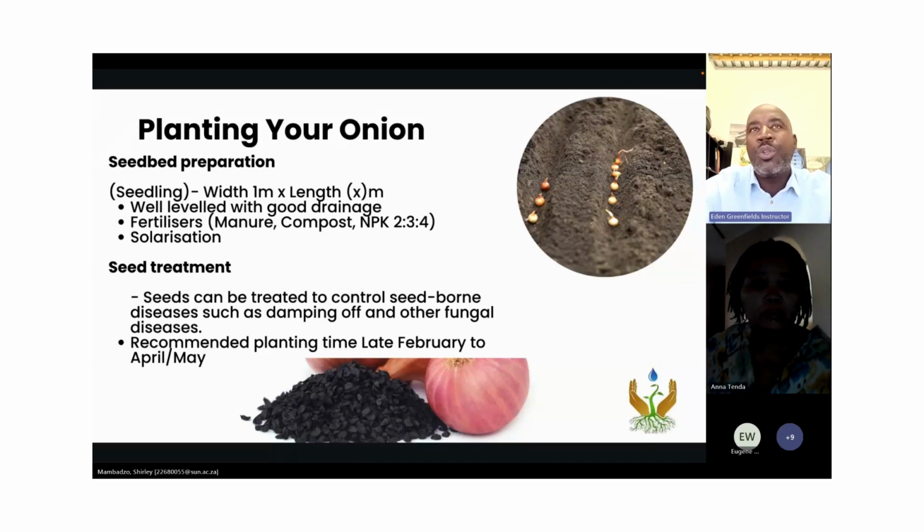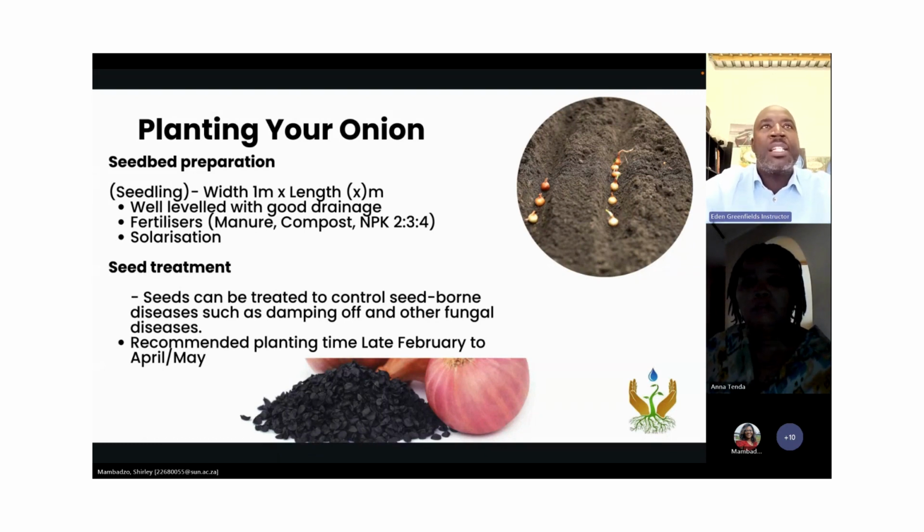You can also use fertilizers, for example NPK, which is nitrogen, phosphorus, potassium, in those ratios of 2, 3, and 4. You can use that fertilizer as a basal fertilizer, which means you apply it before you plant or when you are planting.